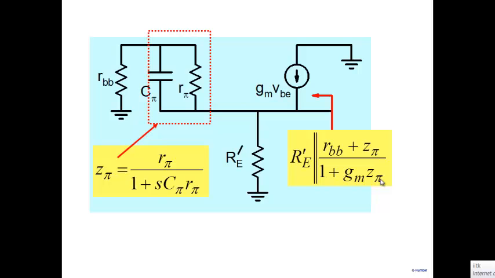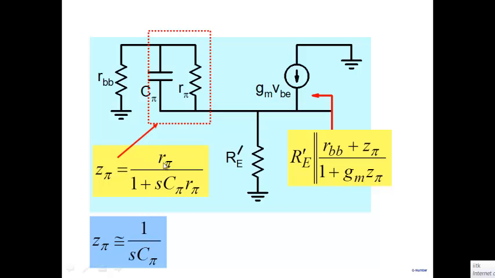When we neglect capacitances, GM R pi was beta. But now it's no longer GM R pi; it's going to be GM Z pi. So the impedance looking from here is Re dash in parallel with Z pi plus RBB divided by 1 plus GM times Z pi. This is what it comes out to be.